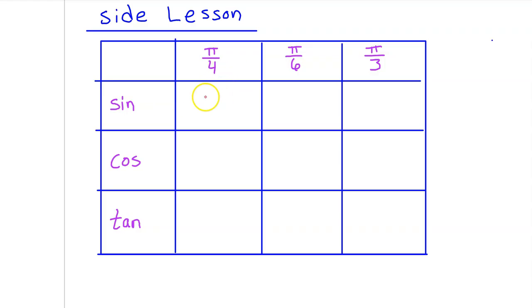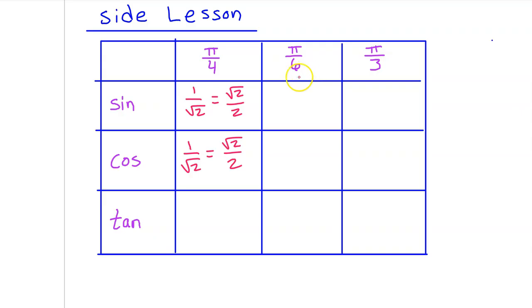The sine of pi over 4 is 1 over radical 2, or if you rationalize this, you get radical 2 over 2. The cosine is the exact same thing, so we have 1 over radical 2, or radical 2 over 2.